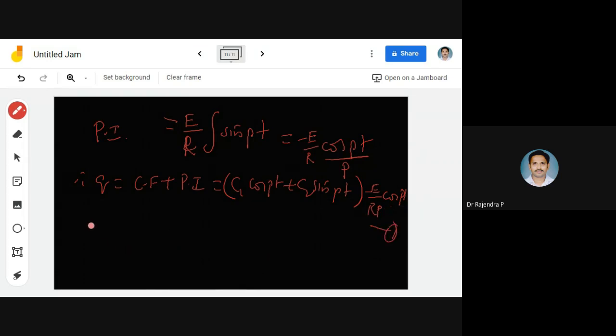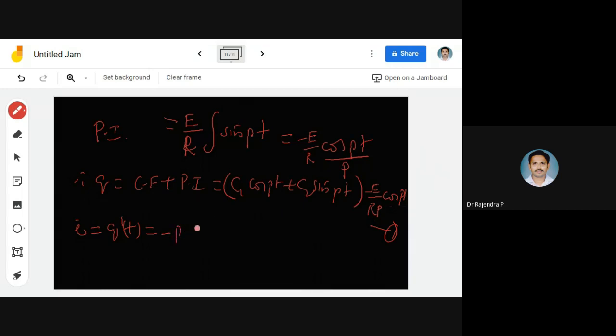We need current also, right? Do you need current or not? So the I value we need means Q dash of T. If you differentiate this, we are going to get that particular result. So what is that?